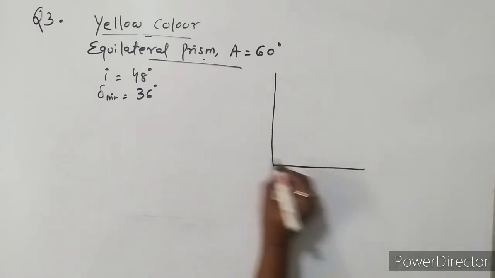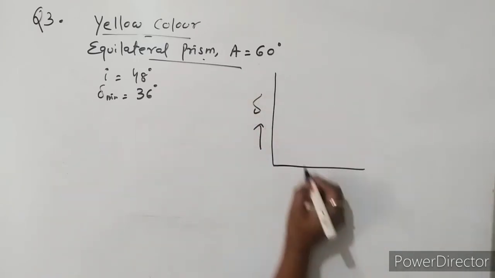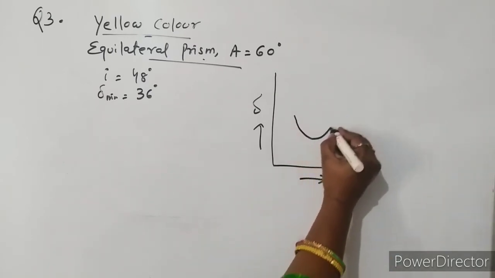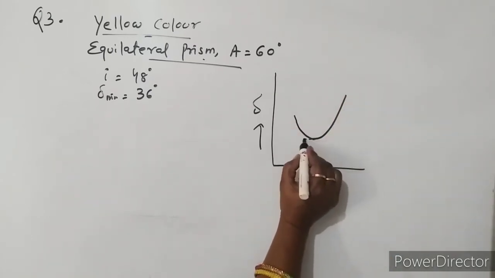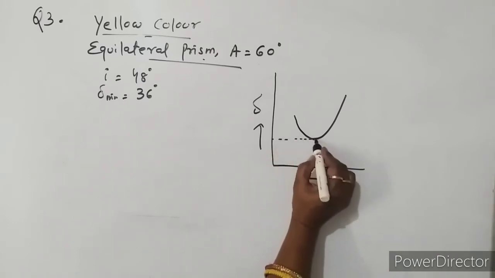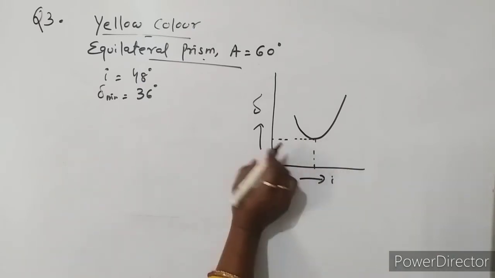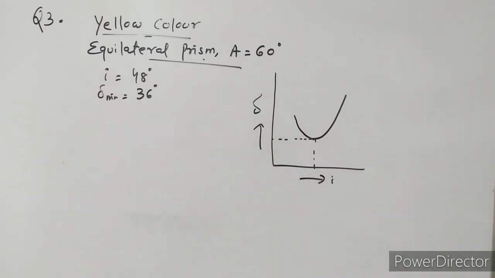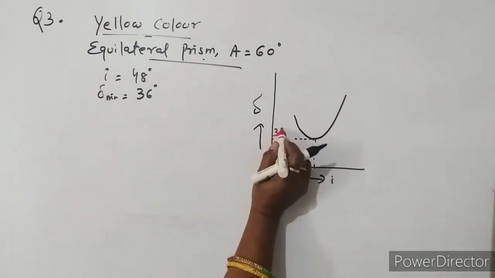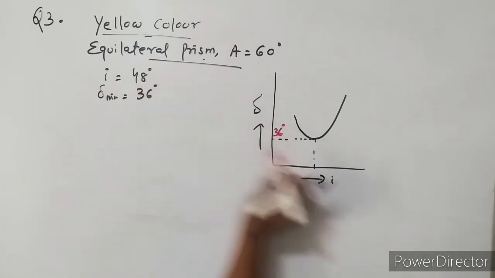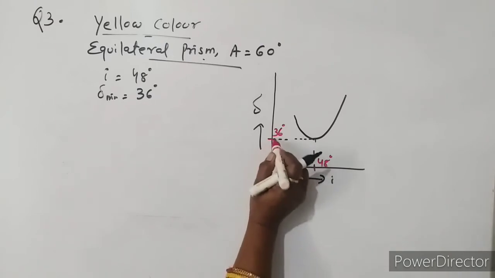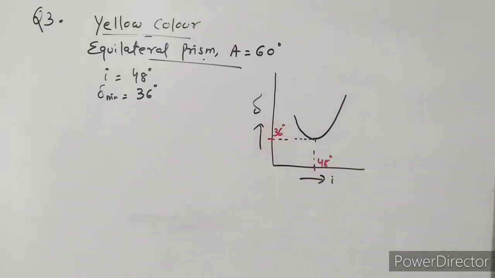Here this is your delta and this one equal to I. And here let us draw the graph, from which we will be able to understand. So this is the minimum angle of deviation, equal to 36 degree, for I equal to 48 degree.